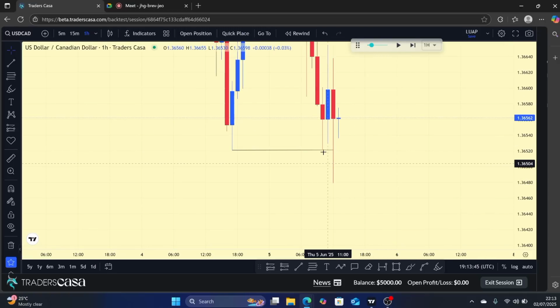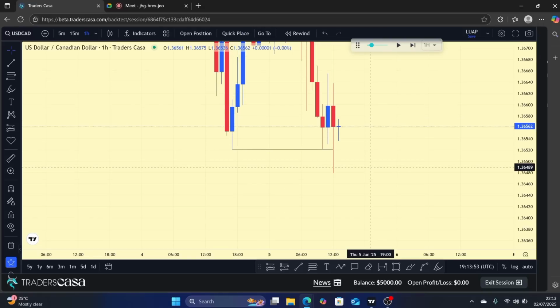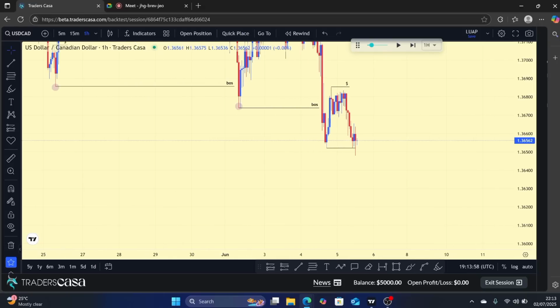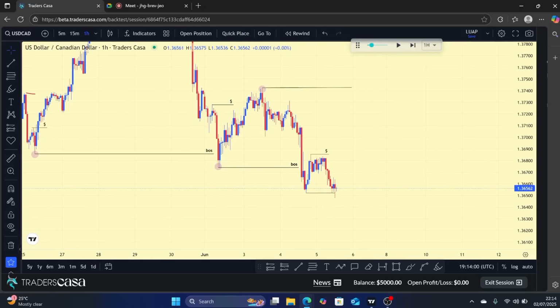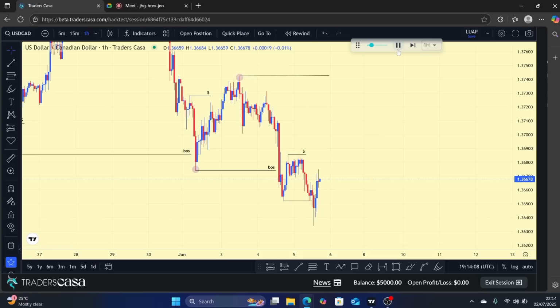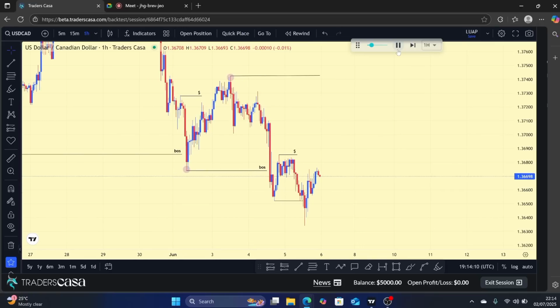You can clearly see that this high is not equal, and also it has not broken past this here. So this means our pullback high is correct. All right, so right now let me run price, and I'll be waiting for price to take out this before I confirm a valid retracement, a valid swing point.